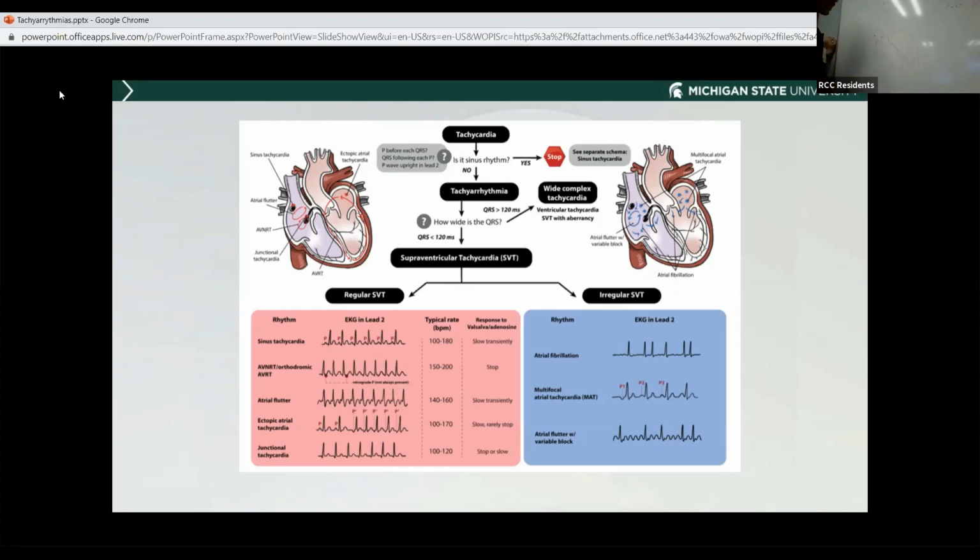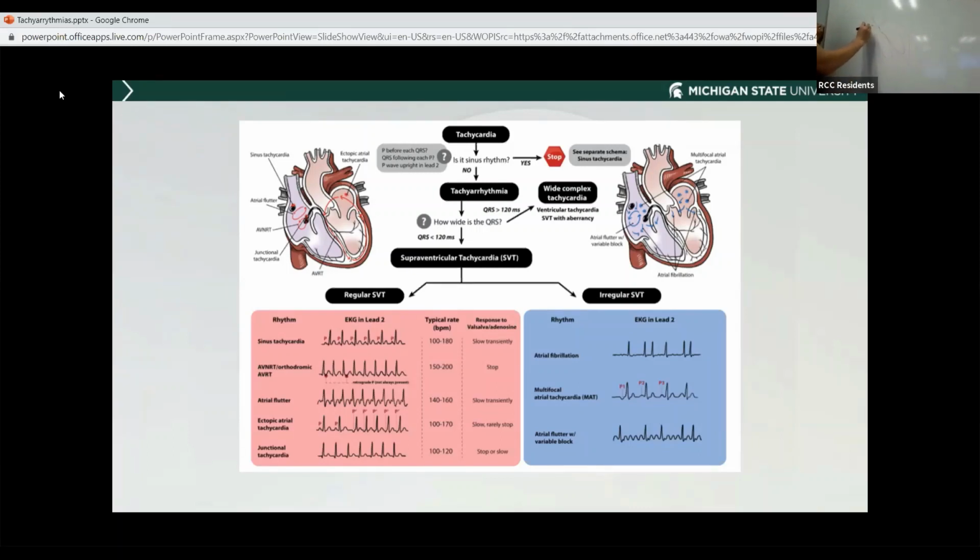So what happens is that the SA node fires all over the atria, and since the cardiac myocytes are able to conduct impulses, they will conduct. But the separation between the atria and ventricles is non-conductive tissue. The valves and the fibrous tissue are non-conductive, and the only way it passes is through the AV nodal system.